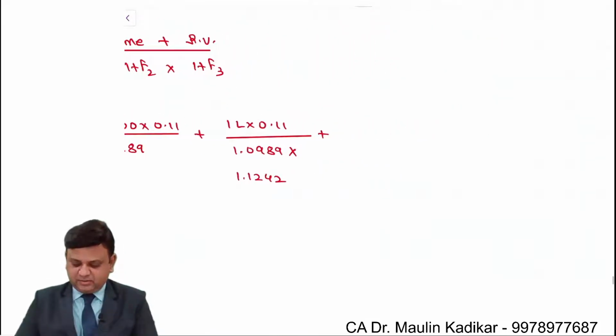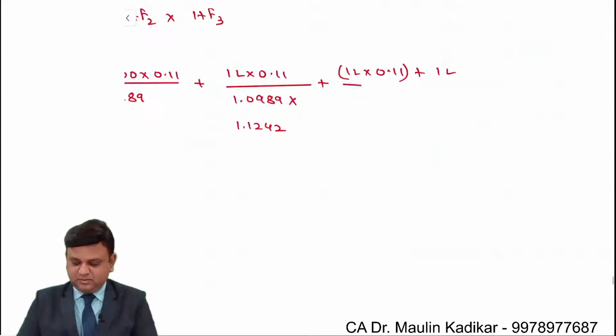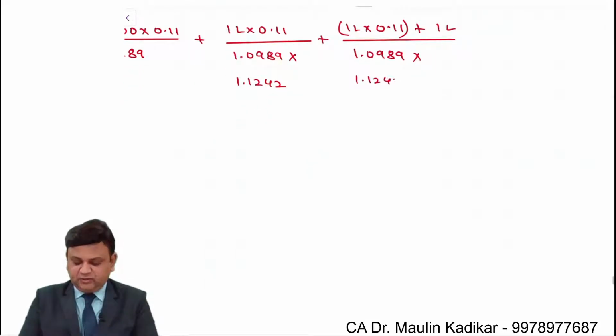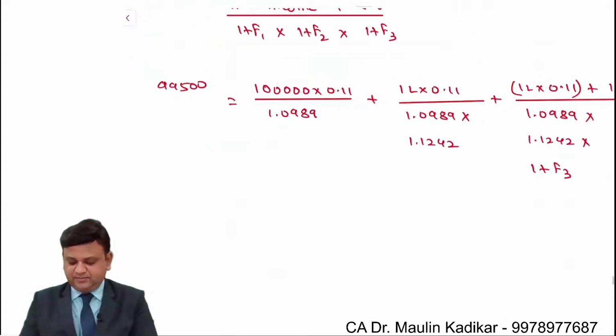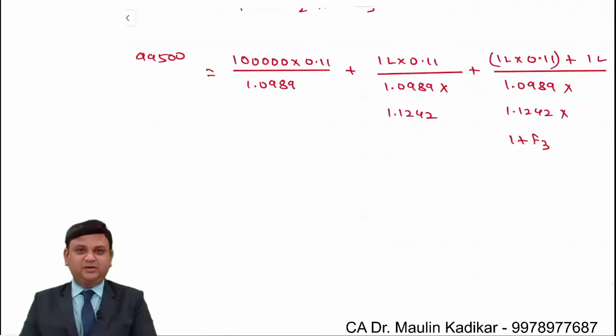For the third year, it is again 1 lakh into 11% plus 1 lakh, whole divided by 1.0989 into 1.1242 into 1 plus F3. That is the way we have set up the third year forward rate.